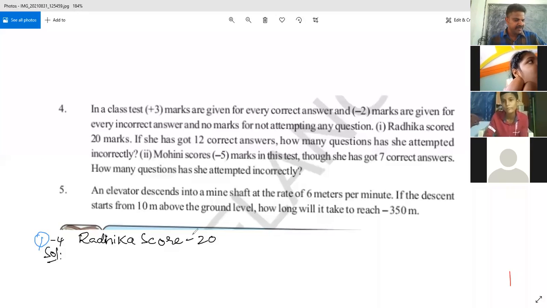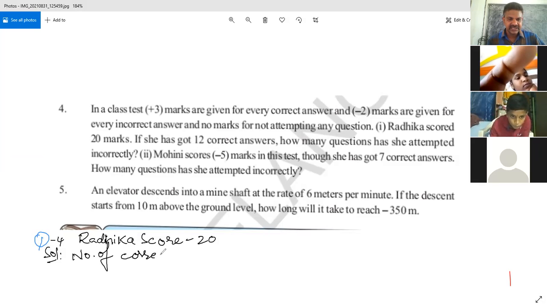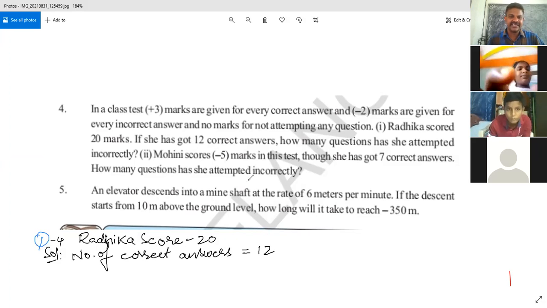And number of correct answers: if she has got 12 correct answers, you just write number of correct answers equals 12. And marks for correct answers: if she has got 12 correct answers, what is the number of marks she scored?